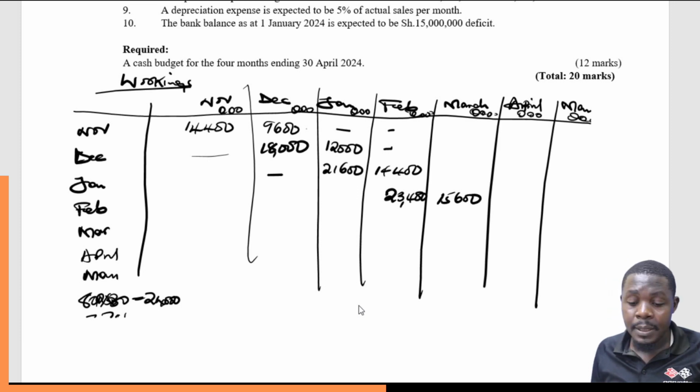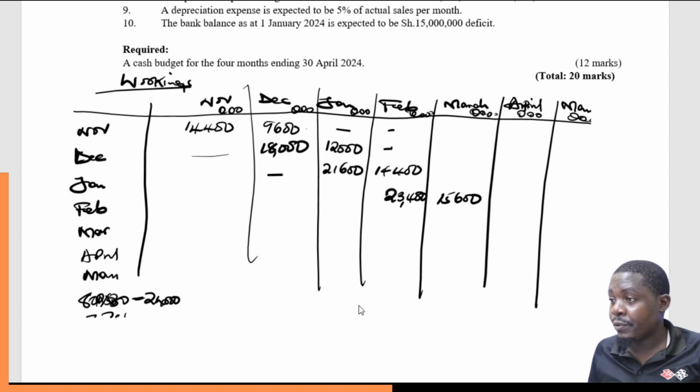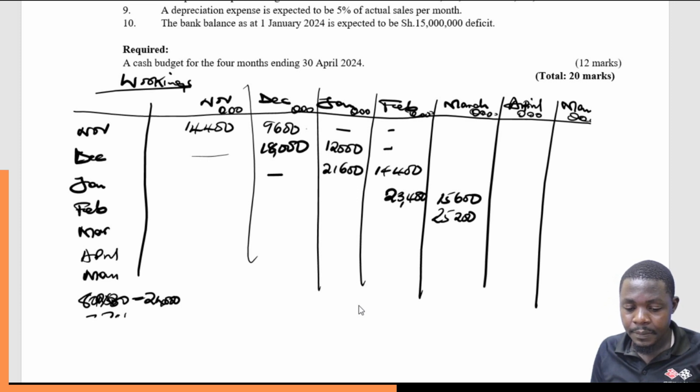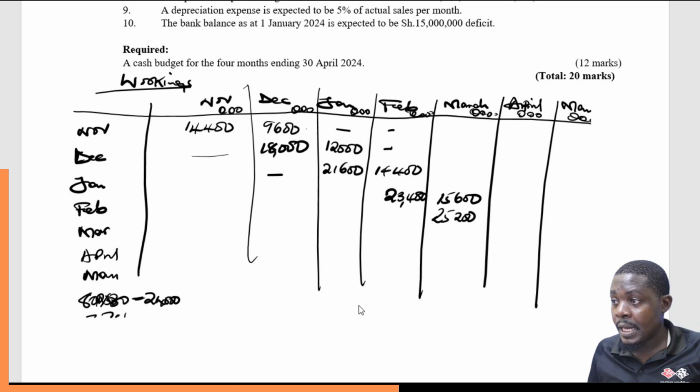15,600. Then March, how many did we sell? In March, we had 14,000 units multiplied by the selling price of 30, 420,000 multiplied by 0.6. We have 25,200 was paid in March. Then the balance was paid in April, which was 16,800.